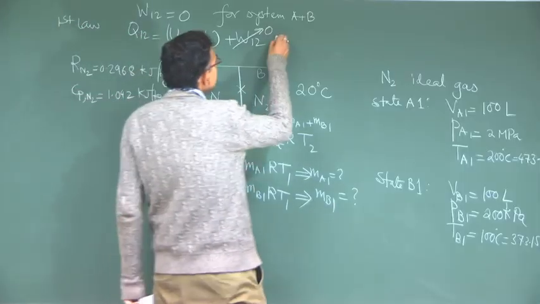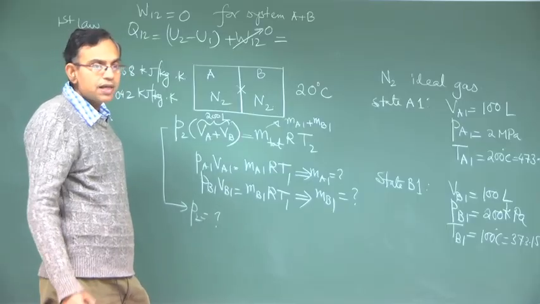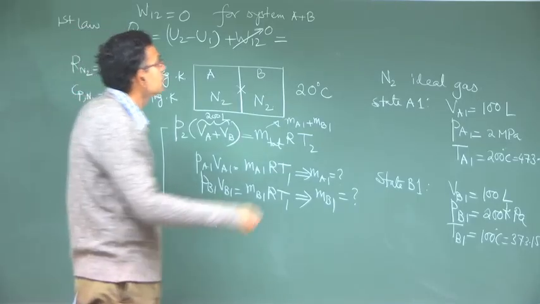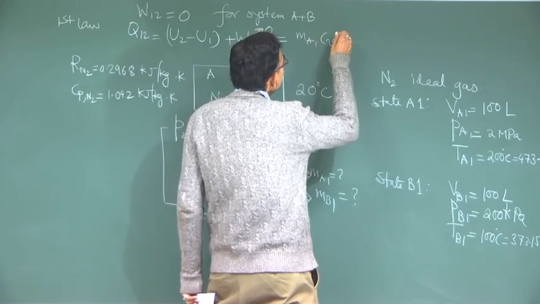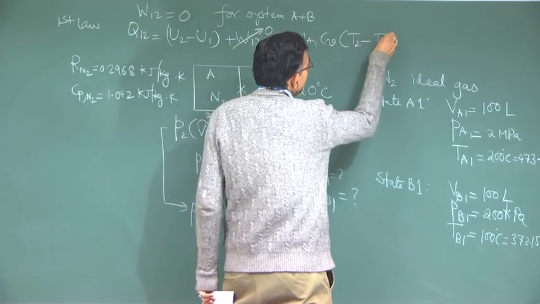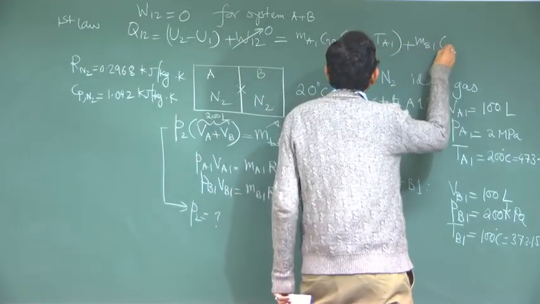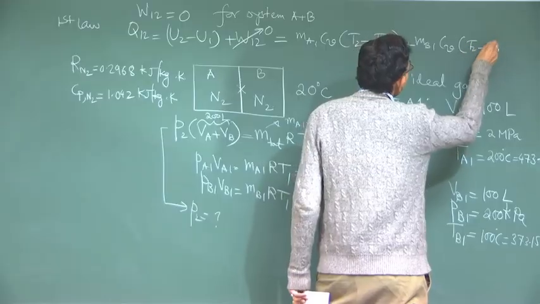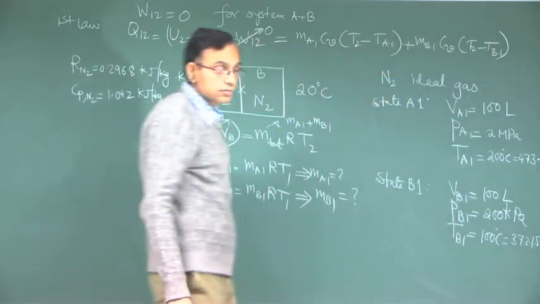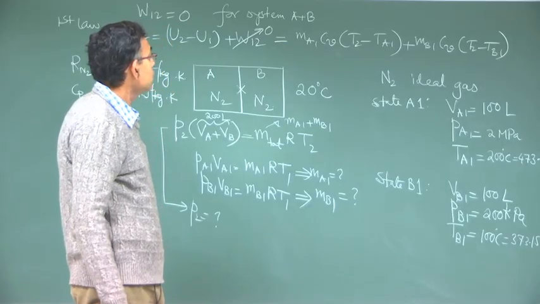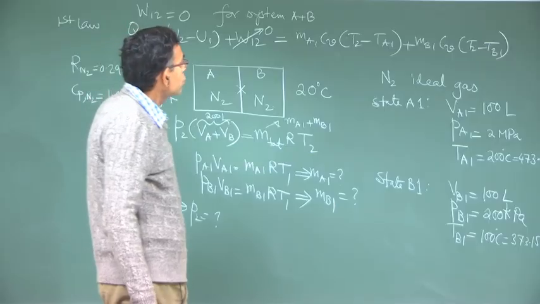U2 minus U1 is U2 minus U1 of A plus U2 minus U1 of B. So, Ma1 Cv into T2 minus Ta1 plus Mb1 Cv into T2 minus Tb1, assuming constant Cv.